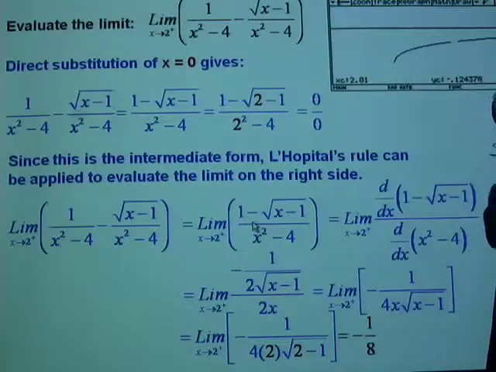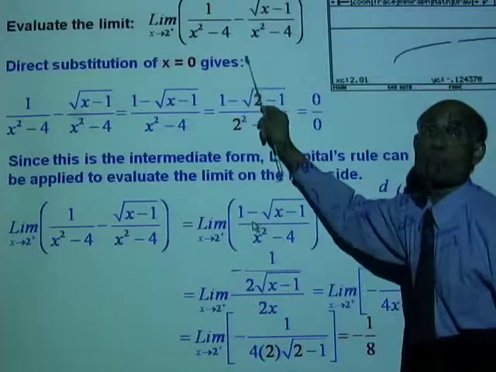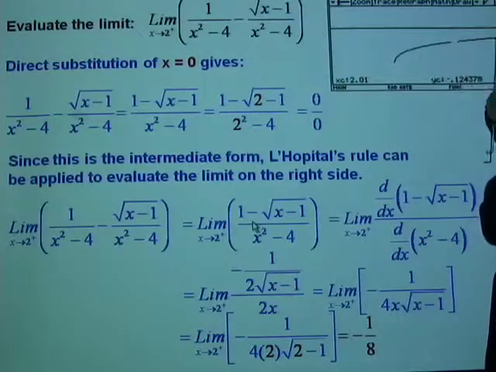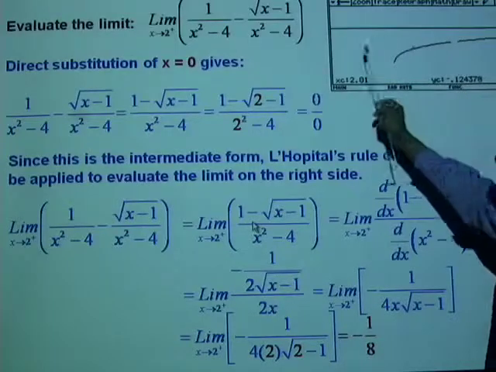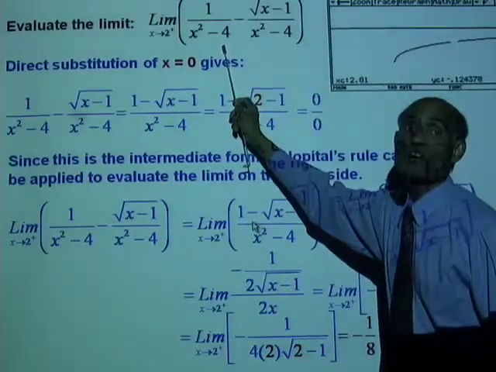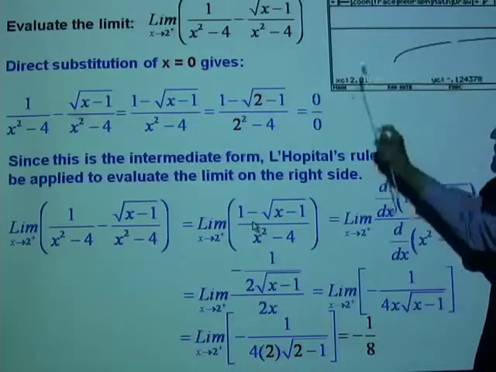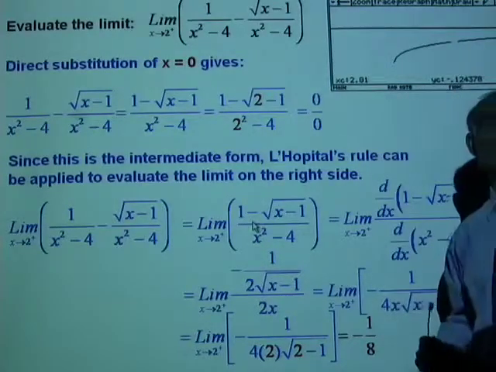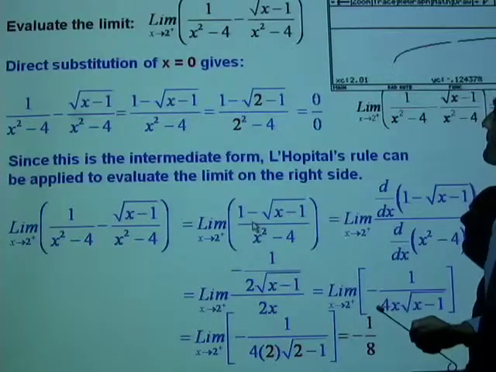So as x approaches 2 from the right, the value of this expression approaches negative 1/8, and you can see the big hole there that shows the function is not defined at x equal to 2, but the limit is defined and it is equal to negative 1/8. All right.